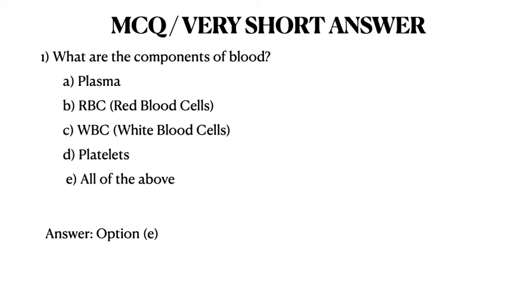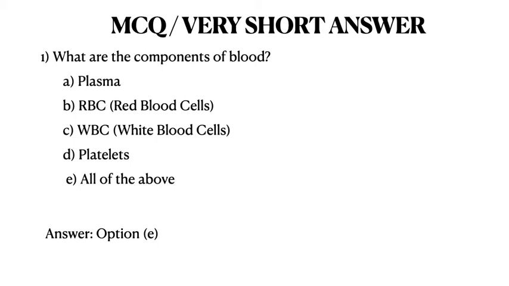First is plasma. What is plasma? Yes, it is the liquid part of the blood in which the RBC, WBC, and platelets are suspended. RBC help in carrying oxygen to all parts of the body.